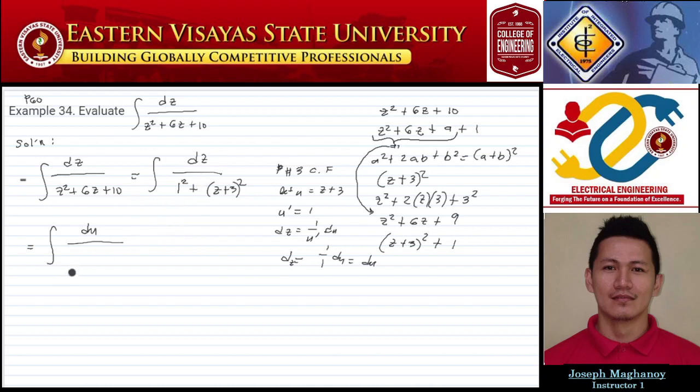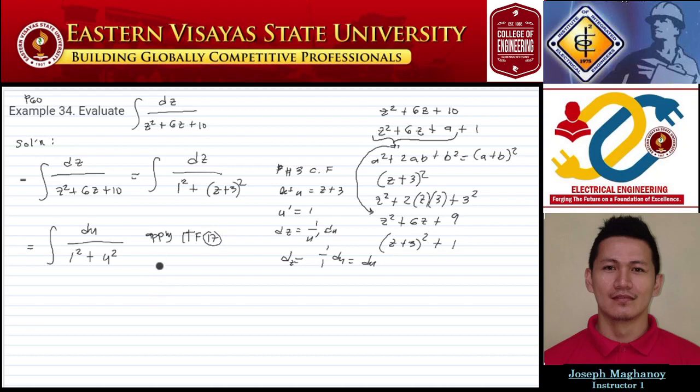So for our a, that is our 1 squared. Then we replace our z plus 3 with u squared. So it is obvious that our function is ready for integration. Now we can apply inverse trigonometric formula number 17.